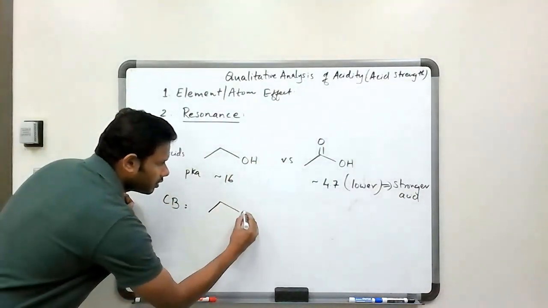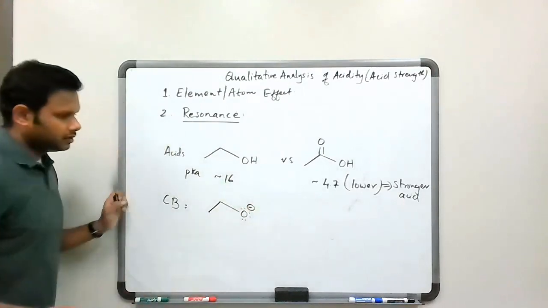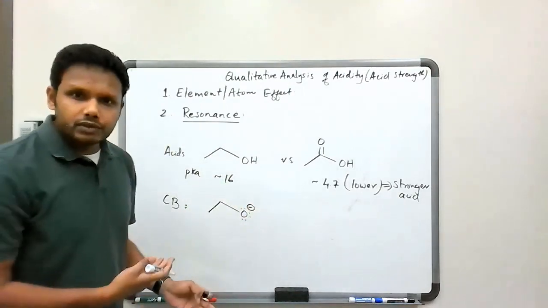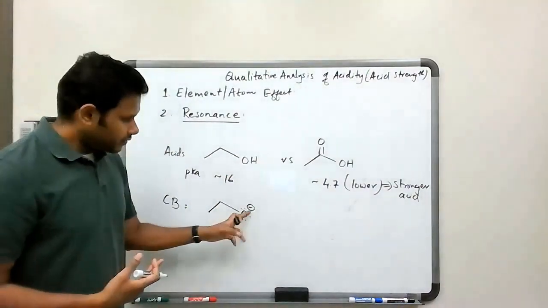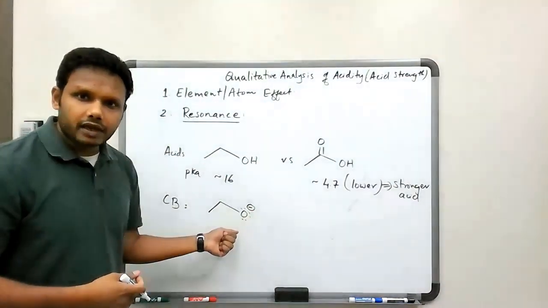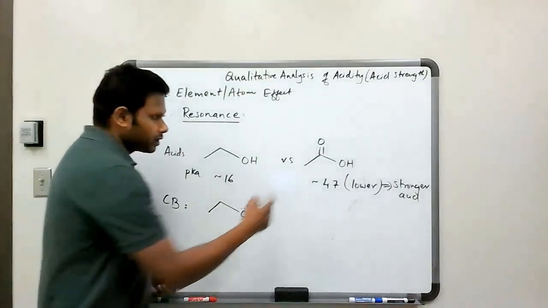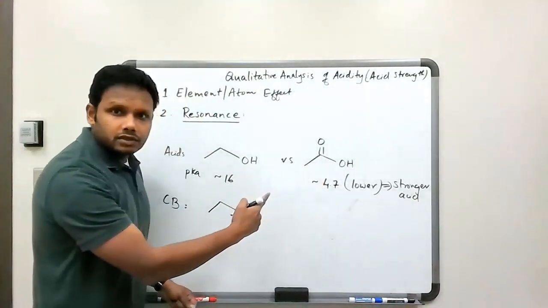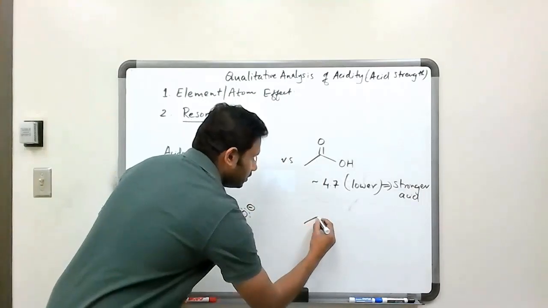So we can write the conjugate base like that. We do not necessarily have to show lone pairs at this point. Even if I just show a negative charge, it would be implied that this oxygen has 3 lone pairs around it. That is the conjugate base for the alcohol.